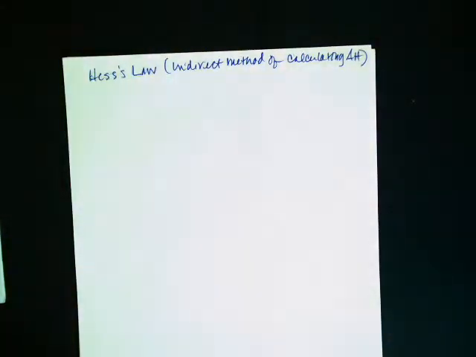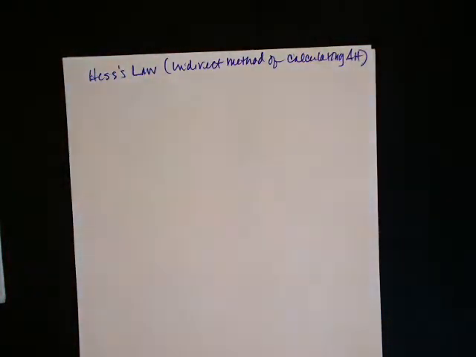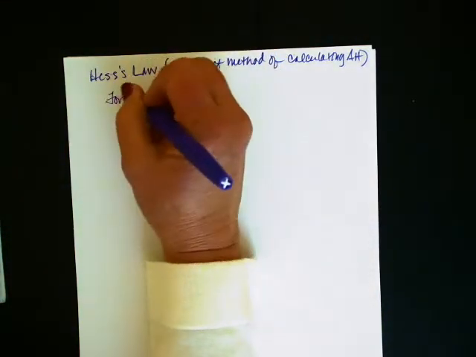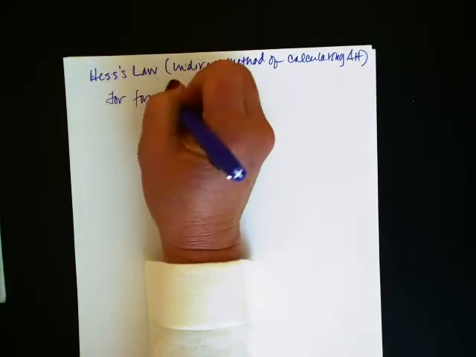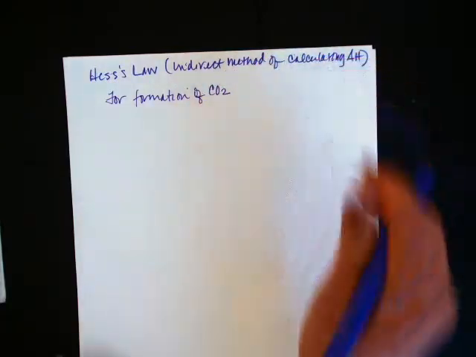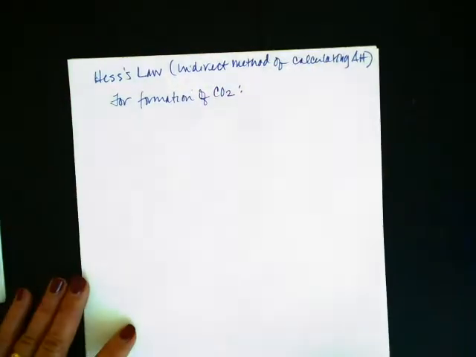And this breaks the process up into steps. And there is an example. Let's see. There we go. Of that for the formation of CO2. We can combine 2 different reactions to come up with the formation of CO2.